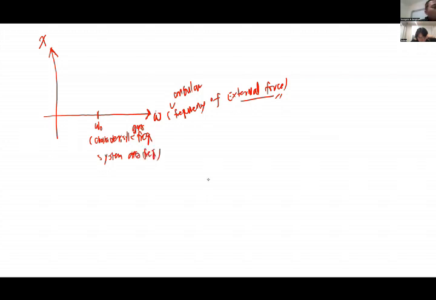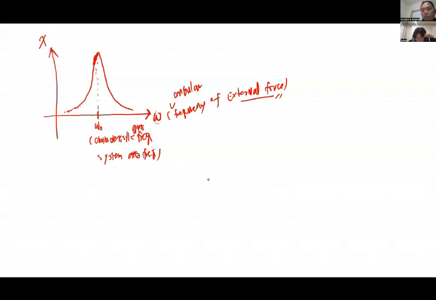The amplitude will gradually increase like this, and when this omega is exactly the same as omega naught, then you will have a maximum amplitude.